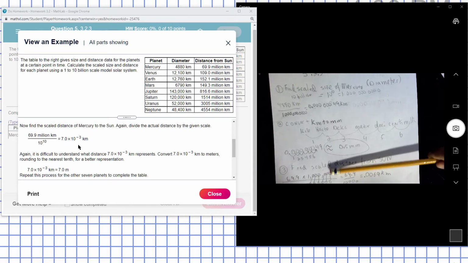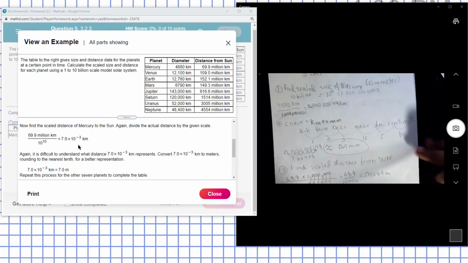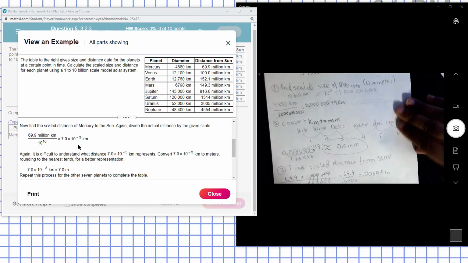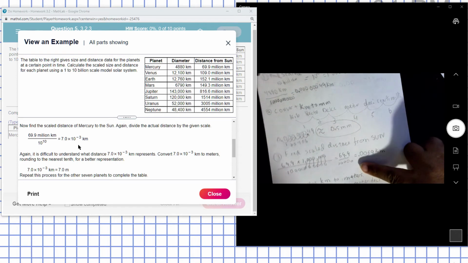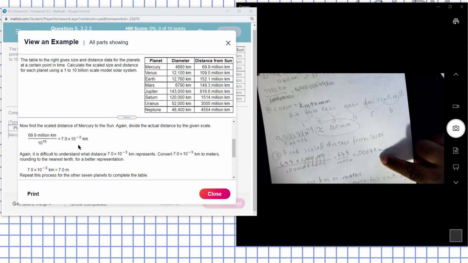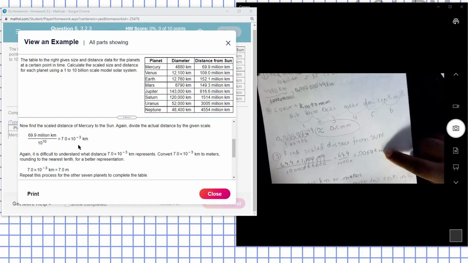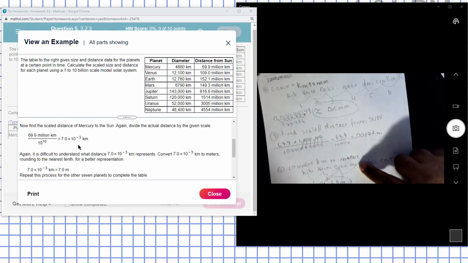And I simplify it a little bit. And I get it down to where it's 69.9 over 10,000 here. And as a decimal, I get 0.0069 kilometers. It may not mean much in kilometers, so we can convert it into meters.